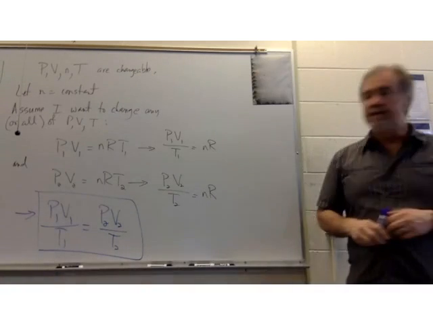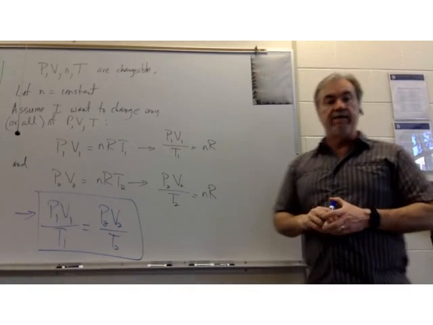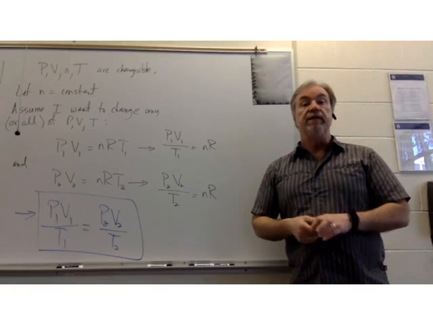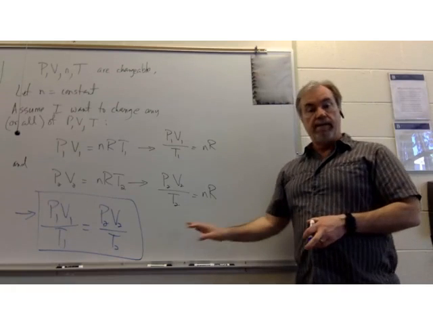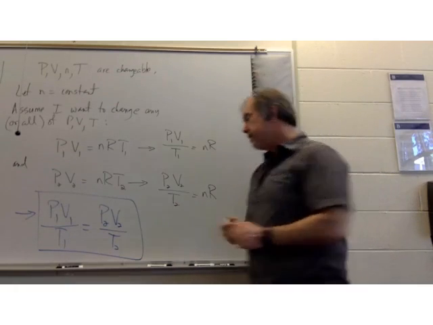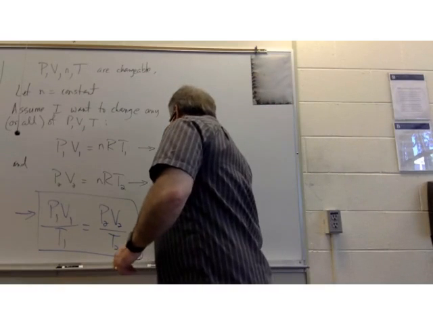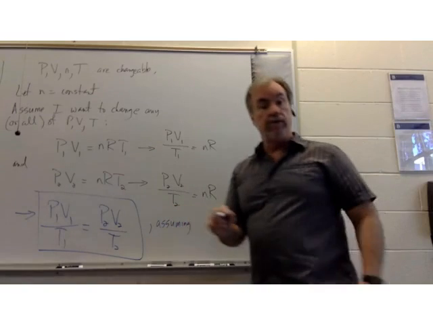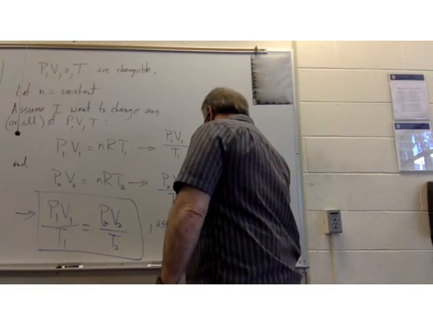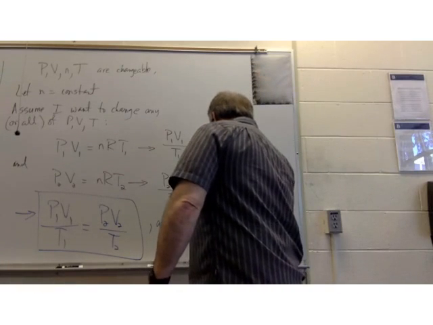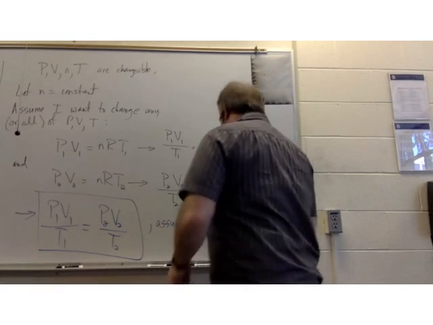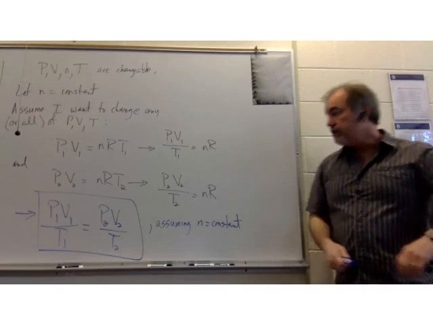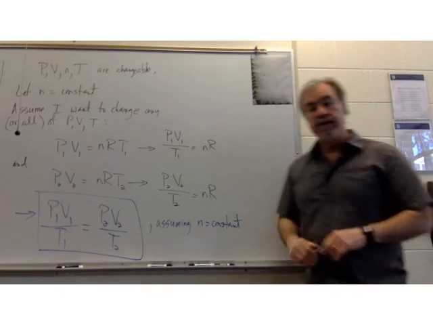It is semi-independent of the ideal gas law. It's derived directly from it, except it has an additional assumption built into it, which is, again, that N remains constant. You don't change the amount of gas that's in your container. You have a closed system. So with that assumption, which is a very common situation, you have this relationship, and this makes it nice and easy.